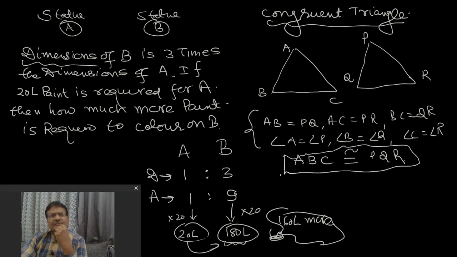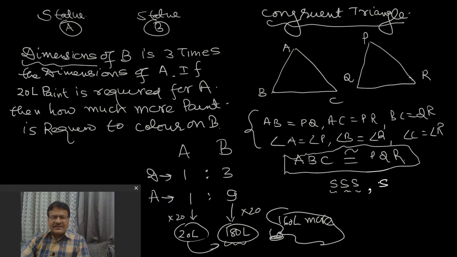There are certain theorems related to congruence. You might have studied them in your schools, right? Once again I would like to explain those properties. First one is SSS congruency, meaning if the 3 sides of one triangle are equal to 3 sides of another triangle, then the triangles are congruent.